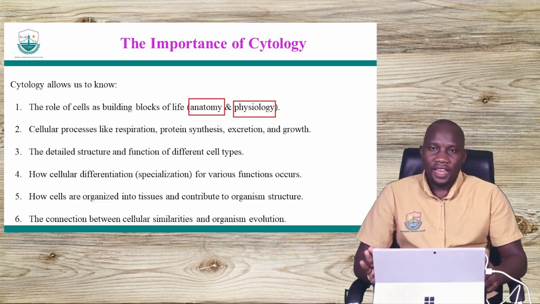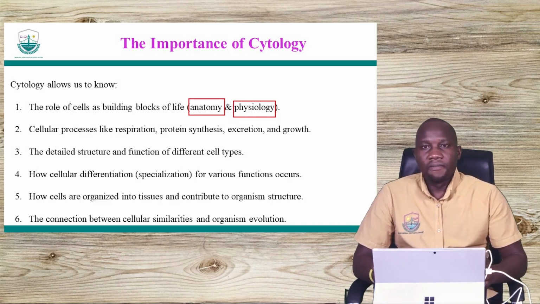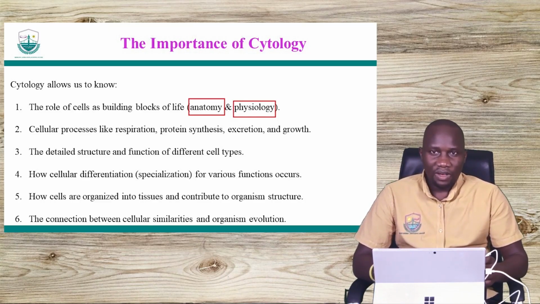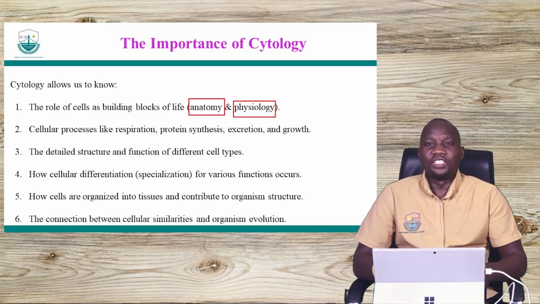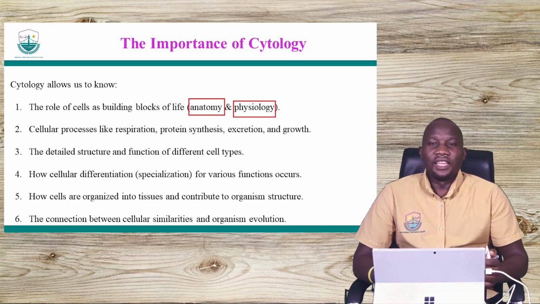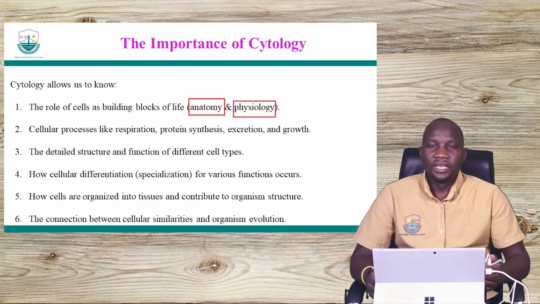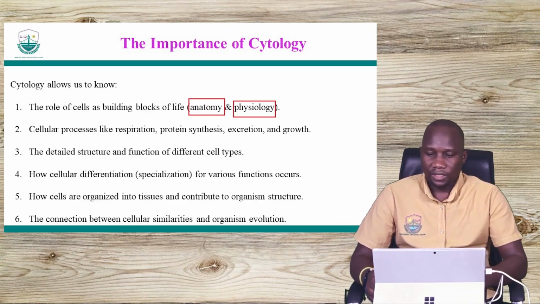So if we understand the role of the cells in contributing to the structure of an organism and to how an organism functions, then we can know how the whole organism carries out different biological processes.